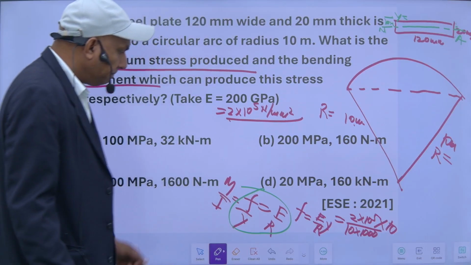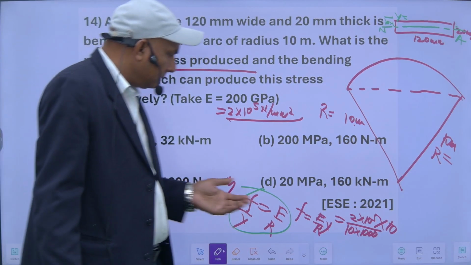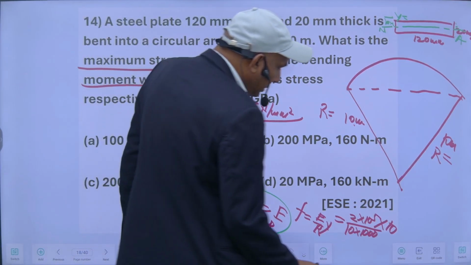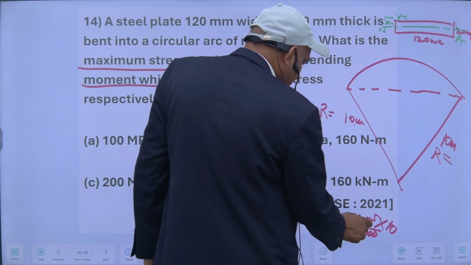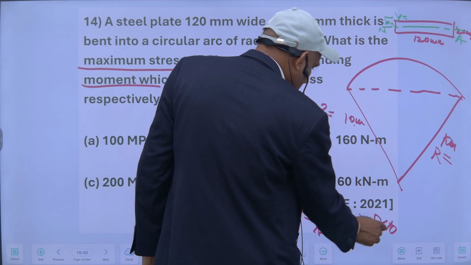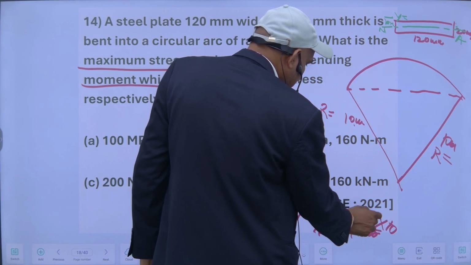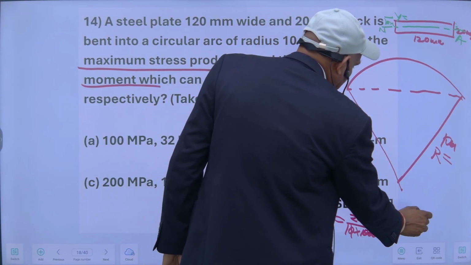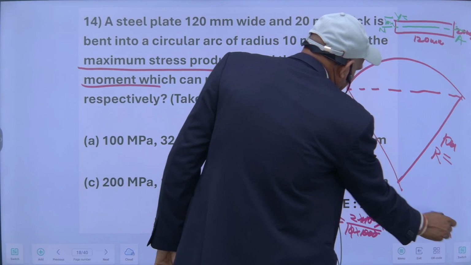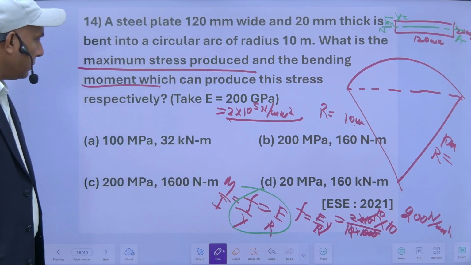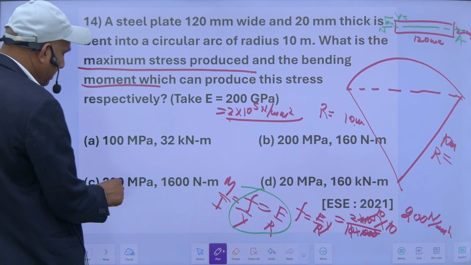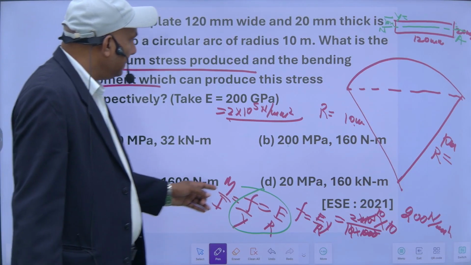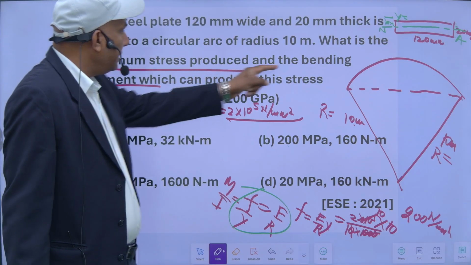With this I can calculate F. It will be 200 Newton per mm square, meaning 200 megapascal. So 200 megapascal is in this option and this option, so I have to check the bending moment also.